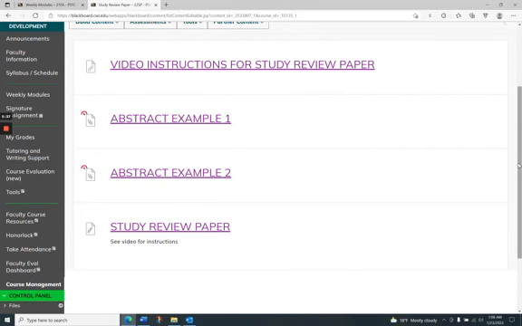That topic will help guide you to find an article, and the article you read for the study review paper will be the beginnings of your research for that paper. This would be very beneficial for your final paper in the end. So as much as you can, use this as that first step.